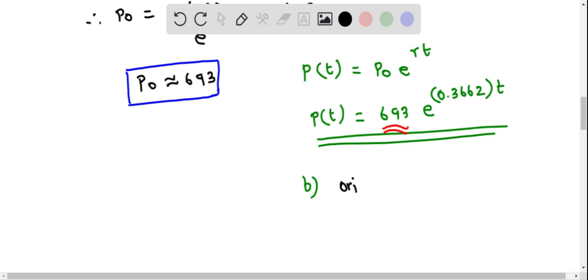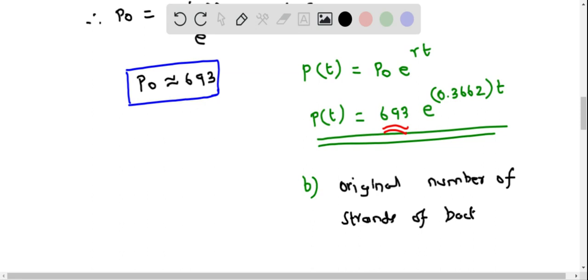So the original number of strands of bacteria is approximately 693.